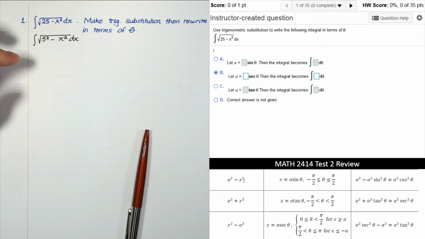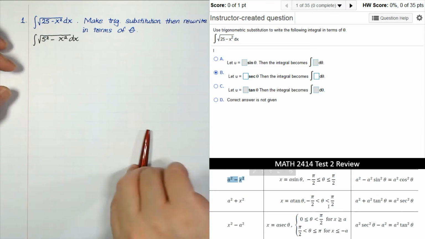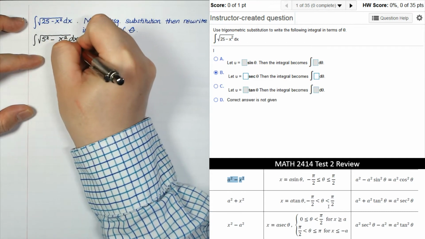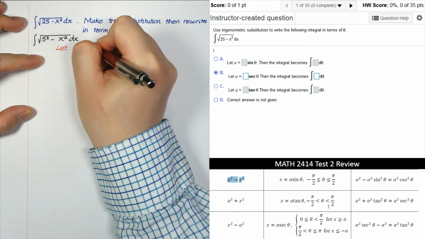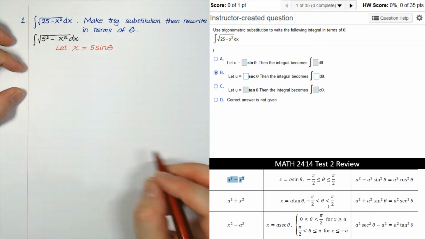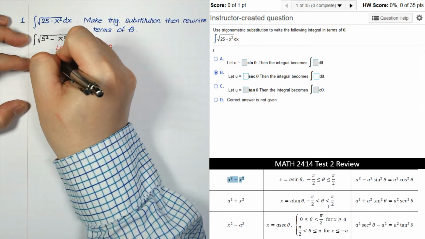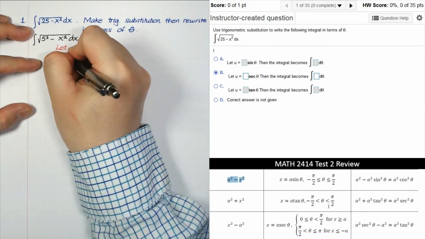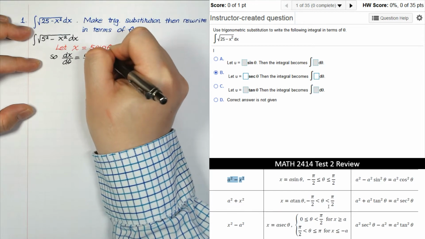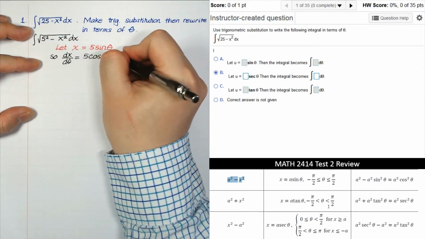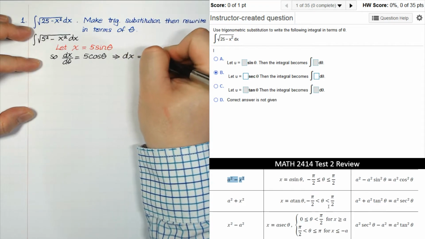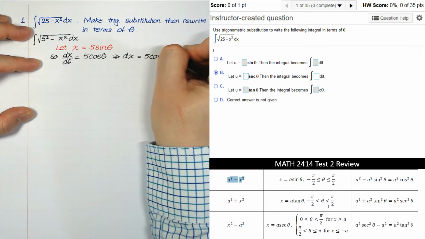If it is a constant squared minus x squared, we will let x be that constant times sine of theta, and then we can check the derivative. It is 5 times cosine theta. Move the d theta over. dx is equal to 5 cosine theta d theta.